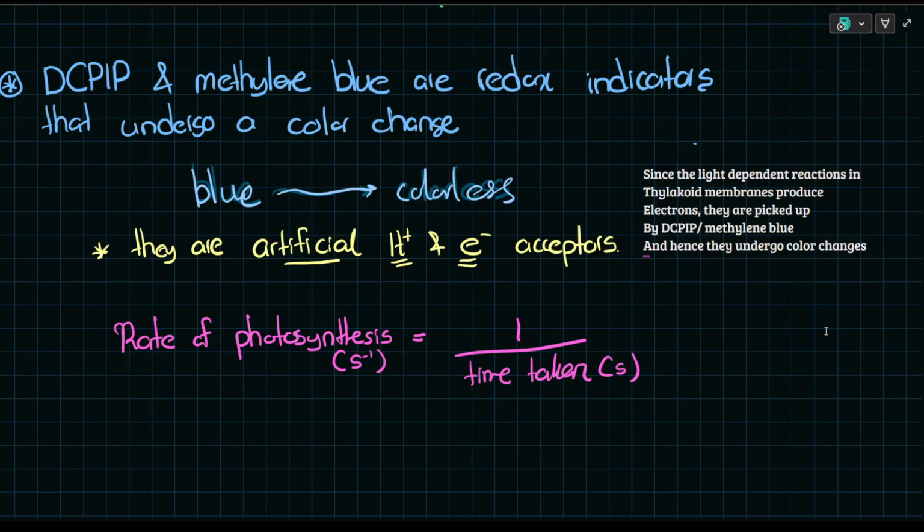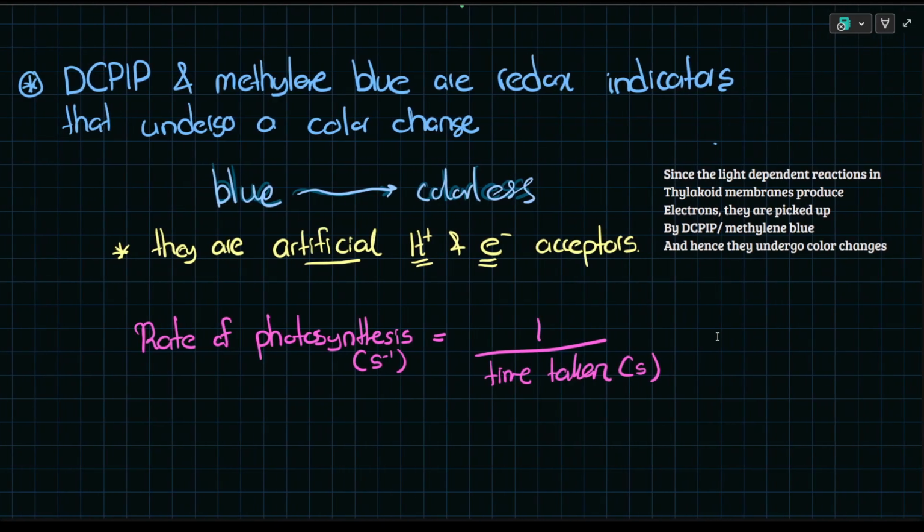Once we treat them as indicators, we can use them to calculate the rate of photosynthesis, the rate of this particular reaction, or the rate of any other reaction which involves H pluses and electrons, e minus.